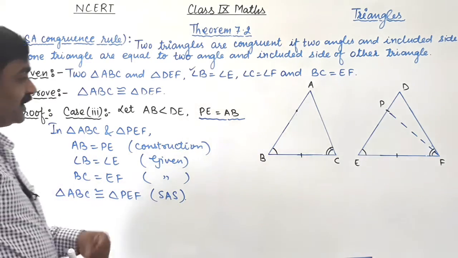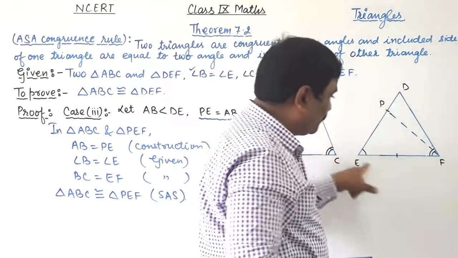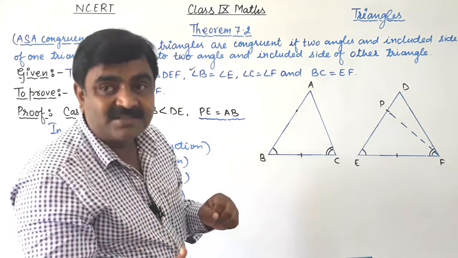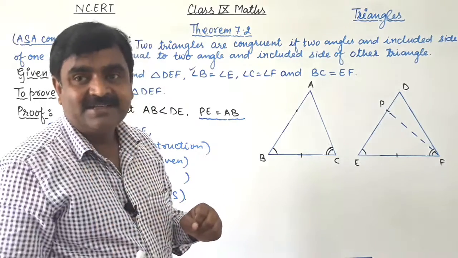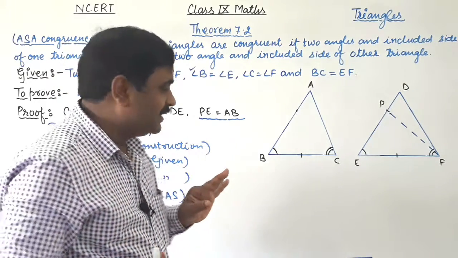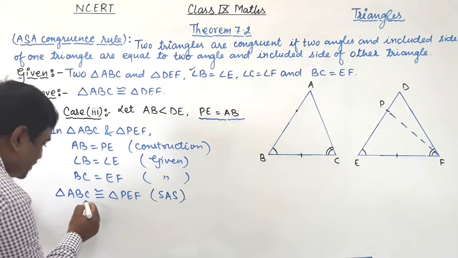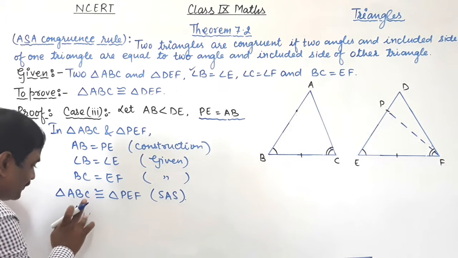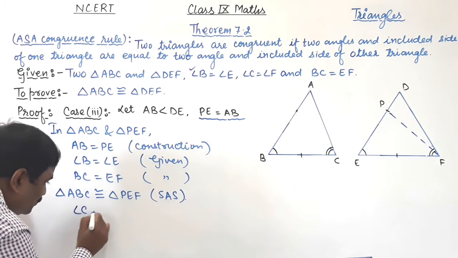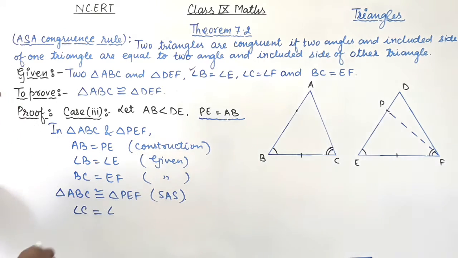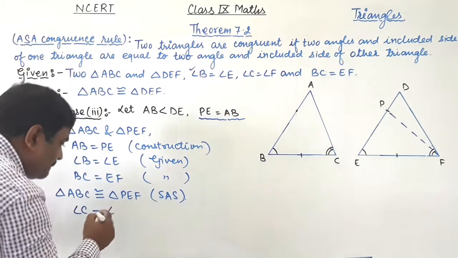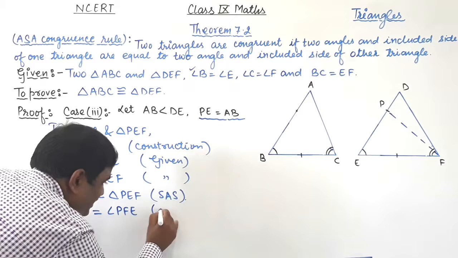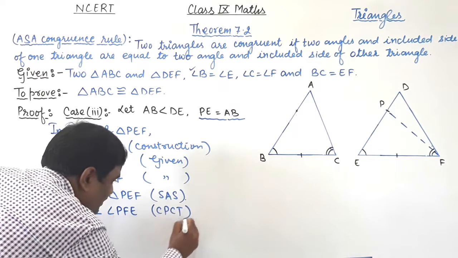If triangle ABC is congruent to PEF, their corresponding angles as well as corresponding sides must be congruent. So we take angle C of triangle ABC. Therefore angle C will be equal to angle PFE by CPCT, right friends?